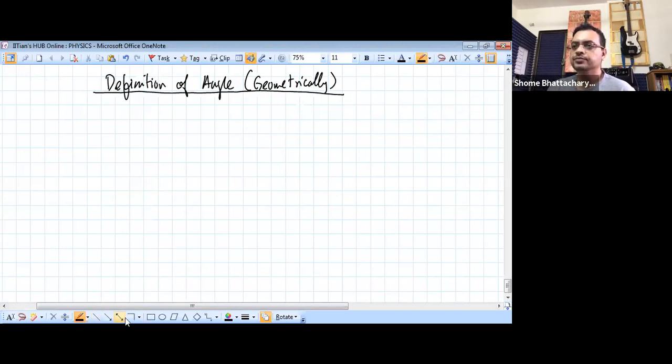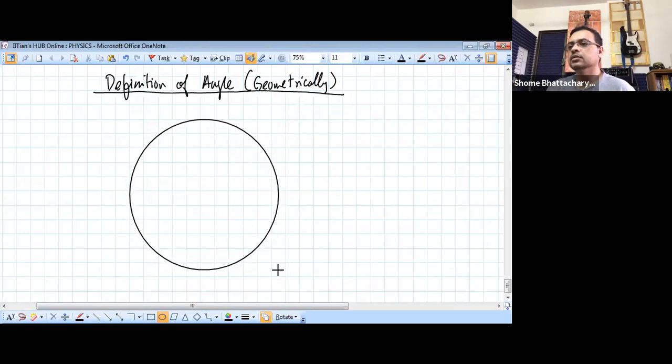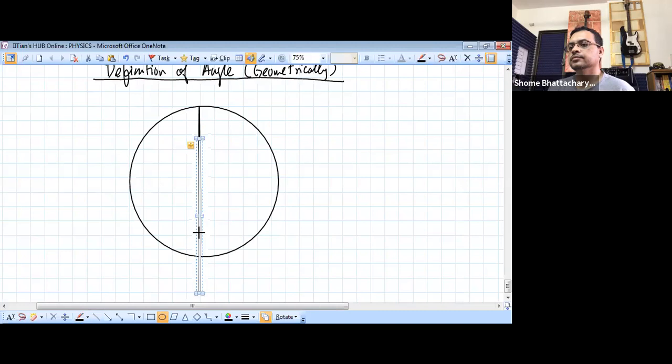So angle is actually defined in this way, that if an arc subtends a certain angle, just a moment, guys.